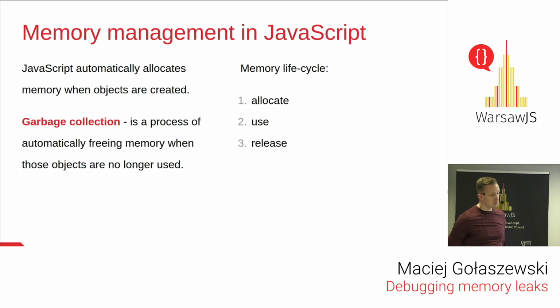You allocate the memory when you start using some variables, then you use it, and then the memory is released. Garbage collection is the process of automatically freeing the memory when the objects that you allocated are no longer needed in your application.